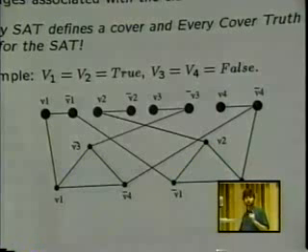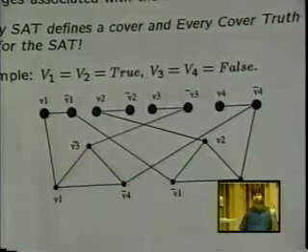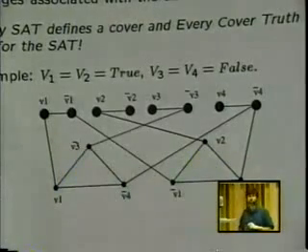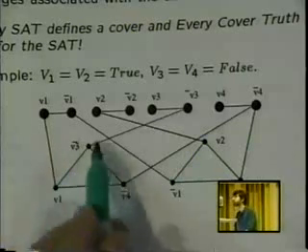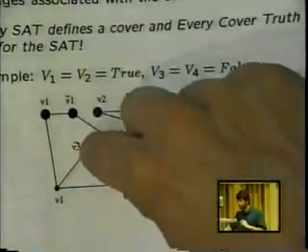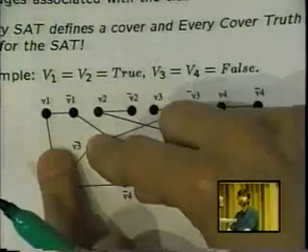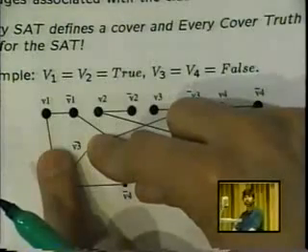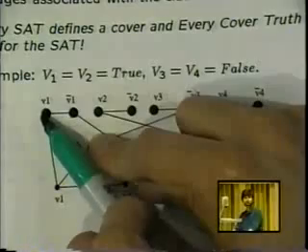Because you have just enough room in the cover to put two on each triangle. So the only way we could cover all three of these edges is if we took two vertices, and this edge got covered by taking this vertex in the cover.